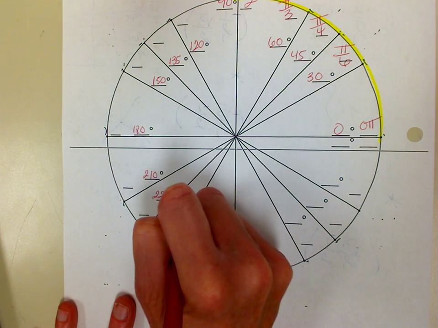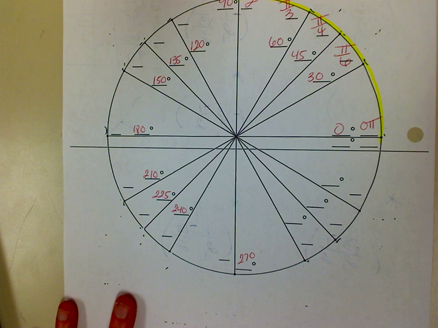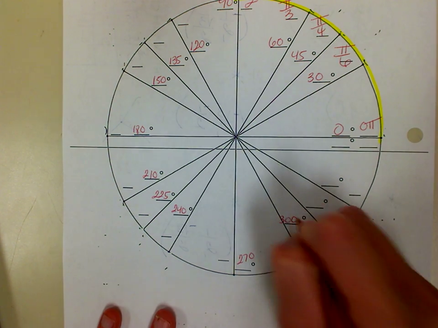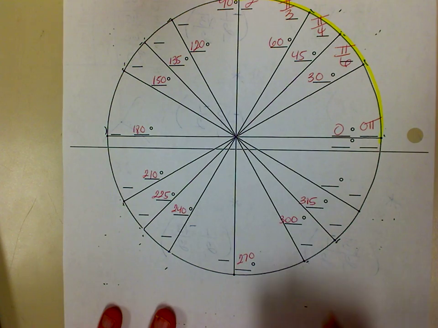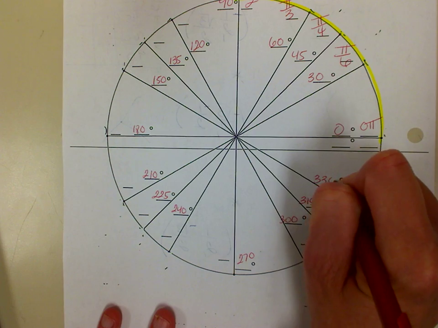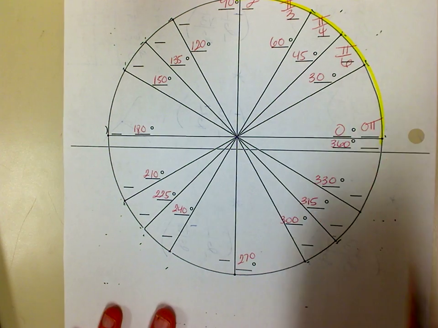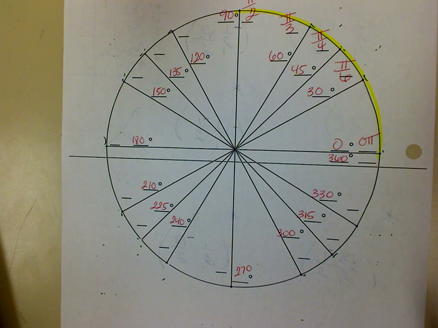Add 15 again, that's 240. Add 30, that's 270. Repeat. Add 30, 300. Add 15, that's 315. Add 15 again, that's 330. Add 30, 360. So those are all the degrees.